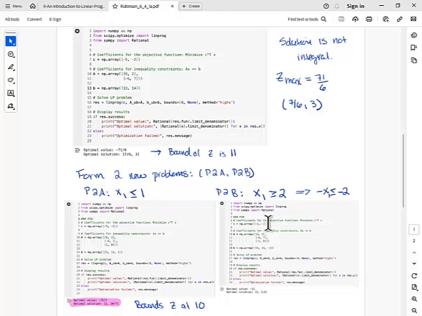When you do this branch, you have to look at two cases. We know that 1/2 is not possible for x2, so we break this into two cases: x2 less than or equal to 0, and x2 greater than or equal to 1. Now, x2 less than or equal to 0 is just x2 equals 0, because x2 is nonnegative. So that gives me (2, 0). If you plug in (2, 0), it turns out that you get 10 for the value of the objective function.